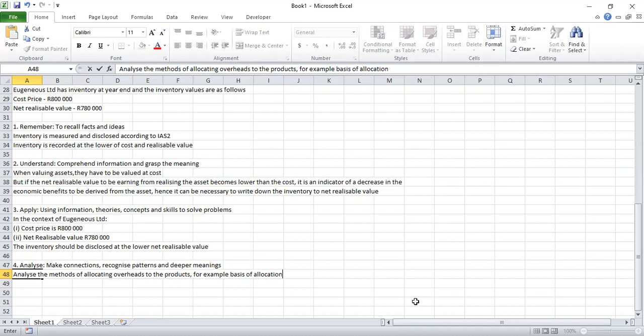Then you see, is it the best way in which the overheads can be allocated? So maybe you can analyze the productive structure of the entity and determine the most suitable cost drivers.